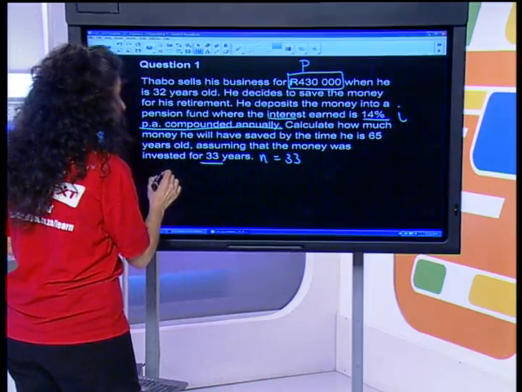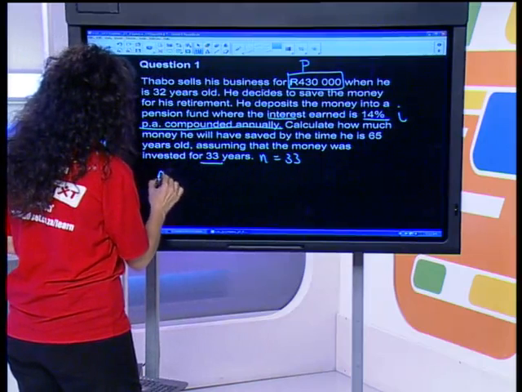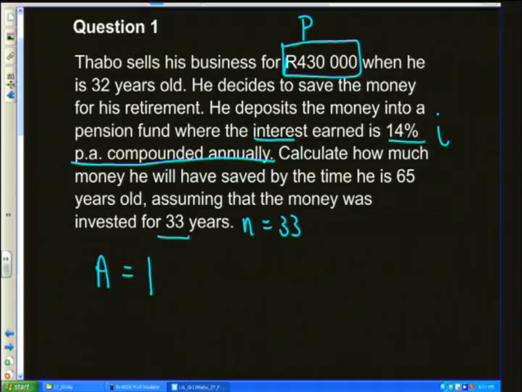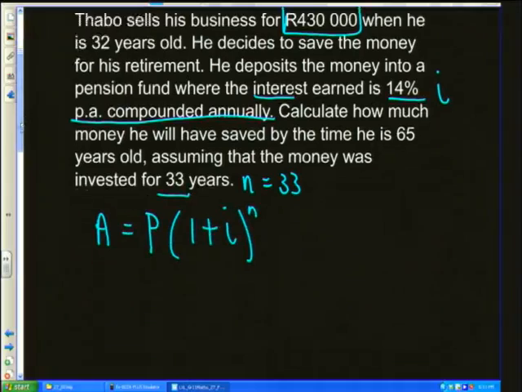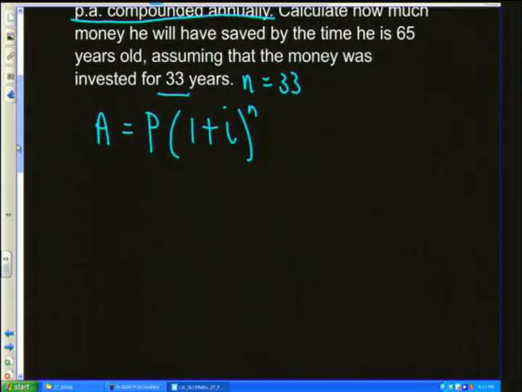So my formula for compound interest, first of all, is A equals P times (1 plus i) to the n. If I get all my values as I've done from extracting that context, then I know what my P is, I know what i is, I know what n is.